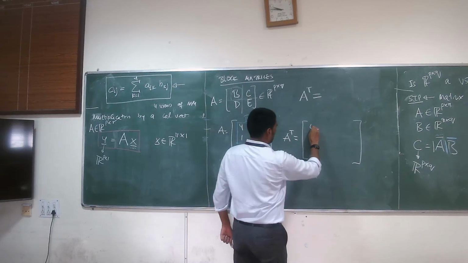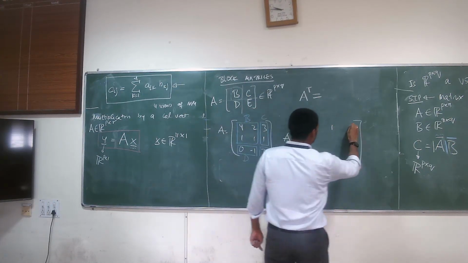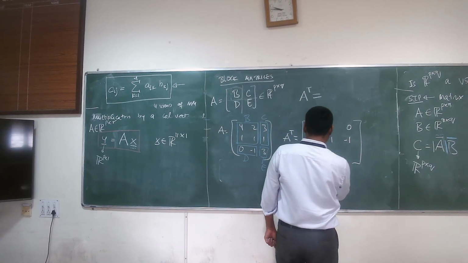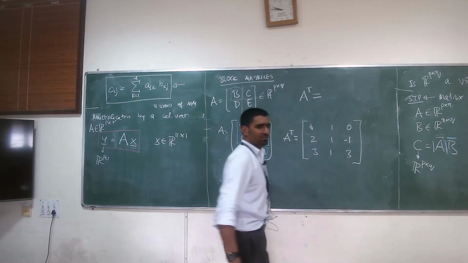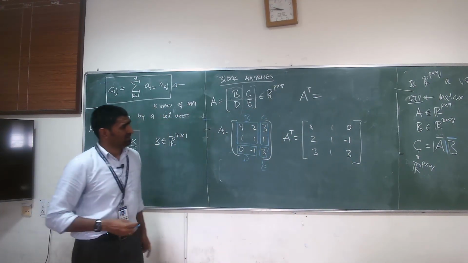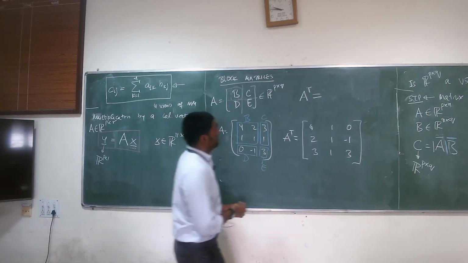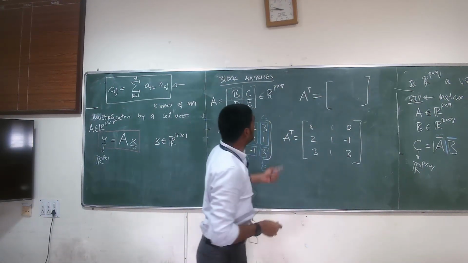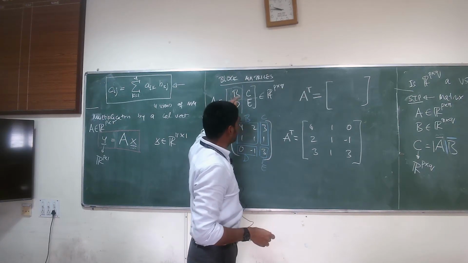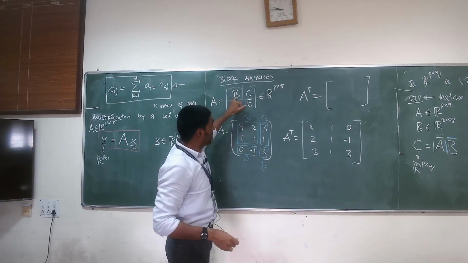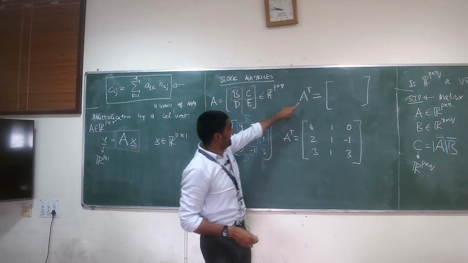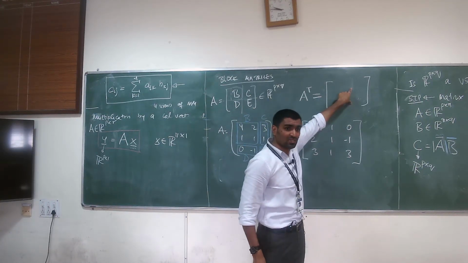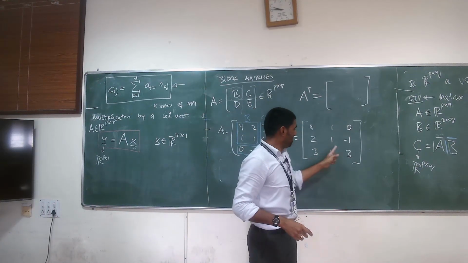So, 4, 1, 0, 2, 1, minus 1. From this, can you tell me what we need to do here with the block matrices so that this definition in terms of the individual sub-matrices matches with this?